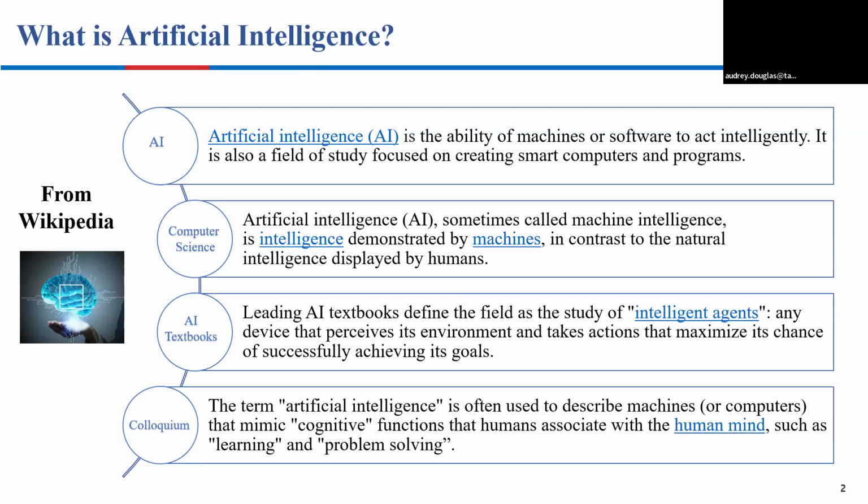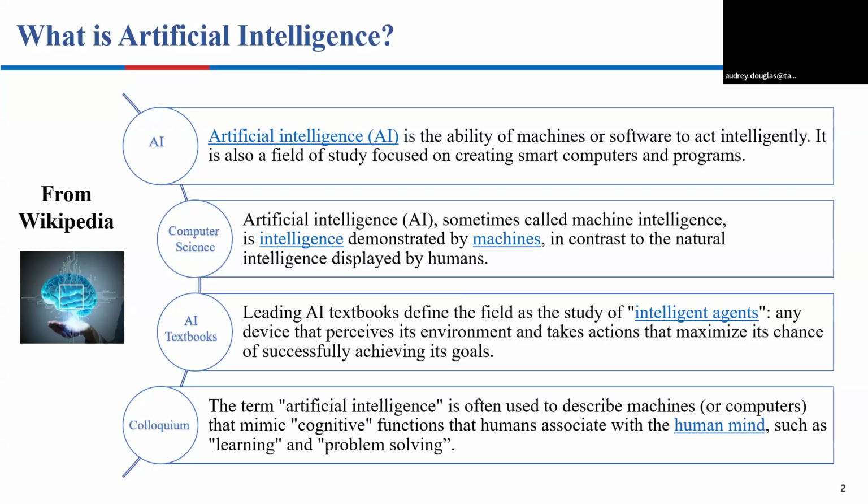Also in computer science, AI is sometimes called machine intelligence, and it is intelligence demonstrated by machines in contrast to the natural intelligence displayed by humans.